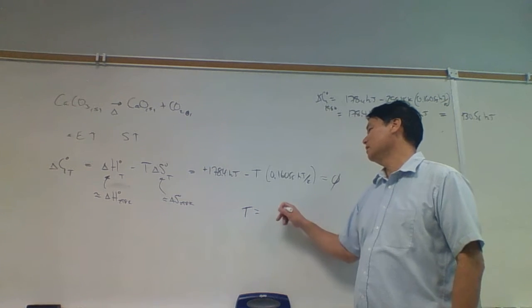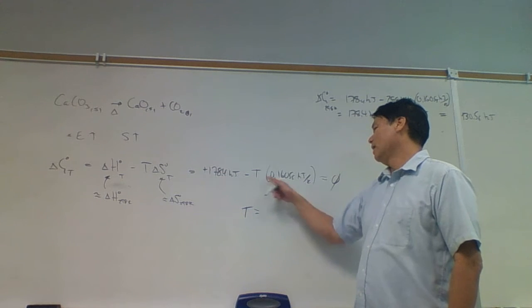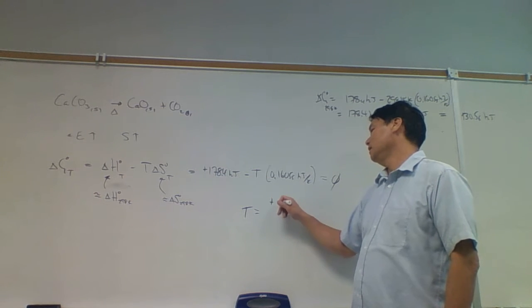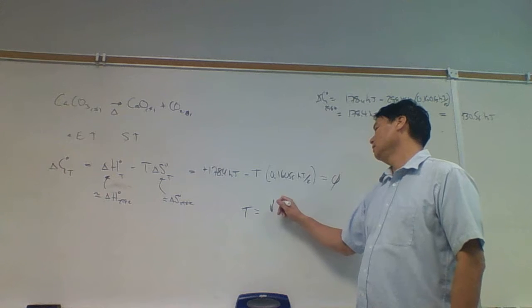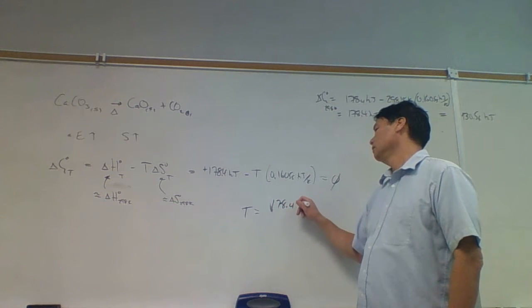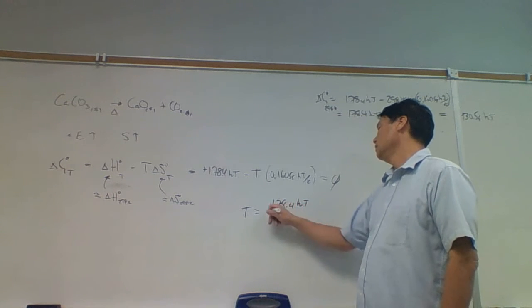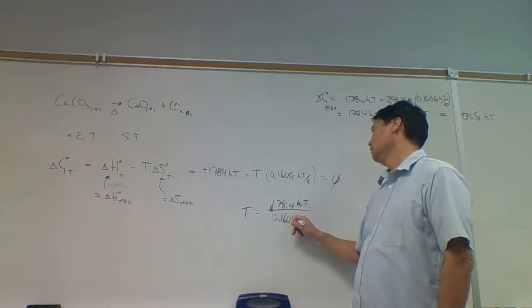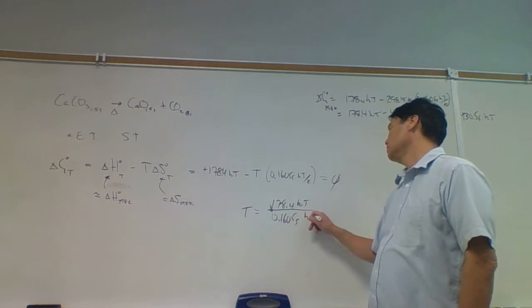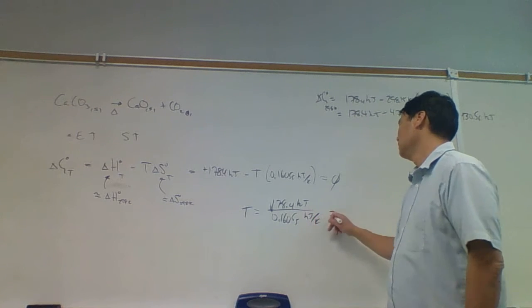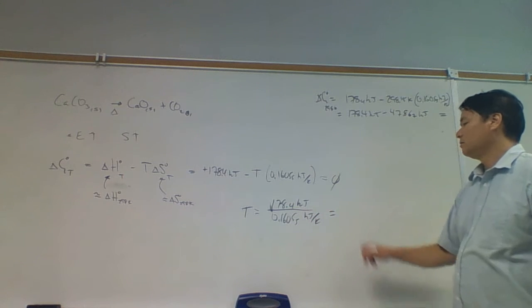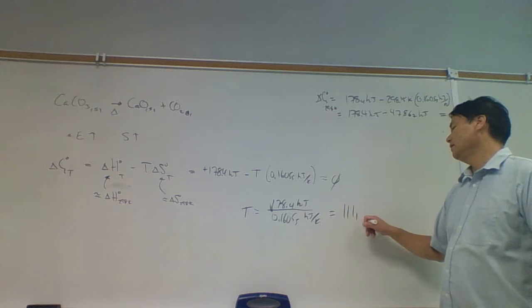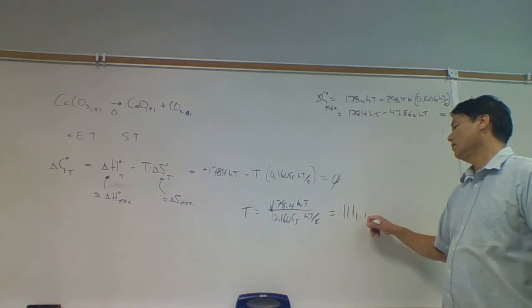The temperature is just going to equal, we'll add this to both sides, 178.4 kilojoules divided by 0.16055 kilojoules per Kelvin. This comes out to 1111 Kelvin.